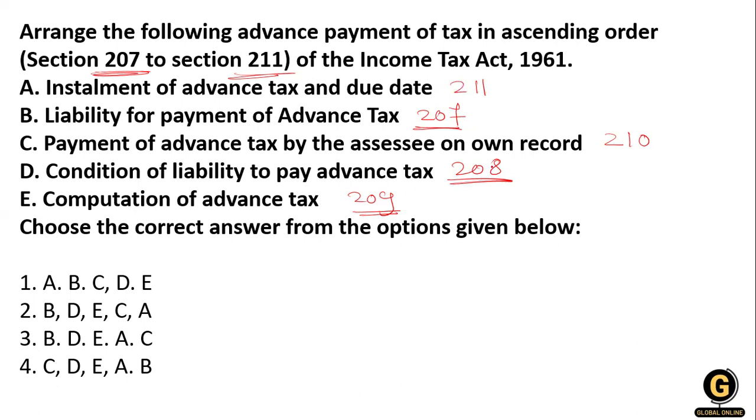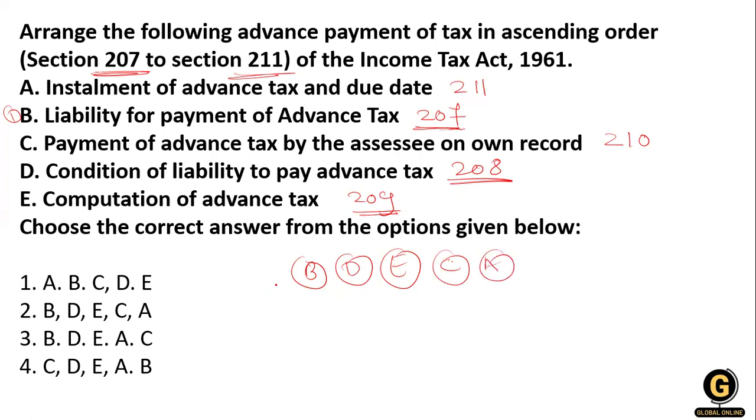Clear? So according to this, B is 207, then D is 208, and E is 209, then C is 210, and after that A.